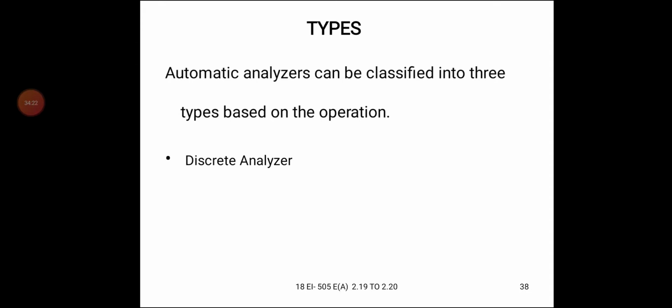One is a discrete analyzer, the second is a continuous flow analyzer, and the third is a centrifugal analyzer.